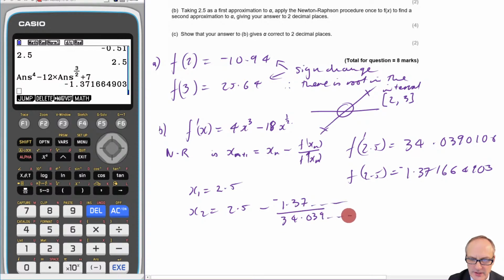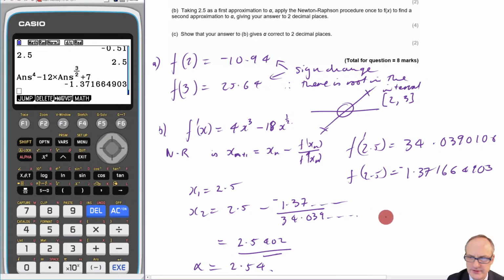You put all the places in, and that gives me 2.5402. So that gives me my answer. I've got to give it to 2 decimal places, so therefore alpha is equal to 2.54. Now we want to show that our answer gives the correct answer to 2 decimal places.